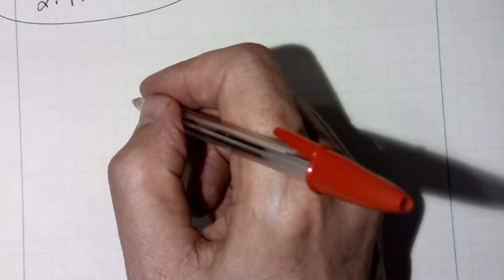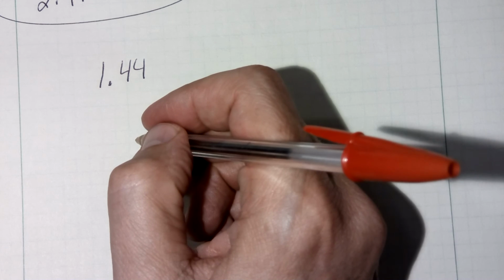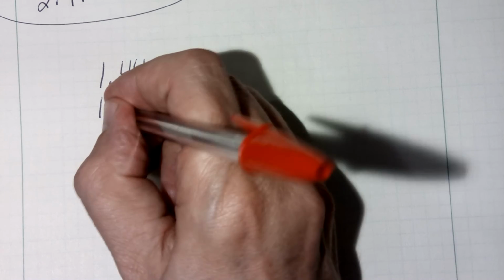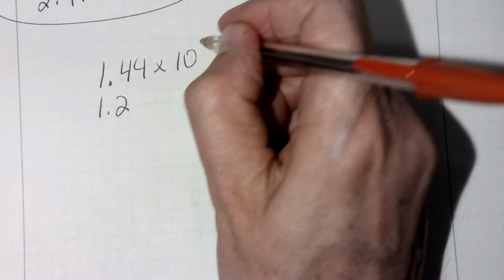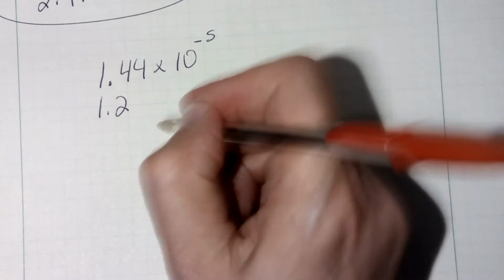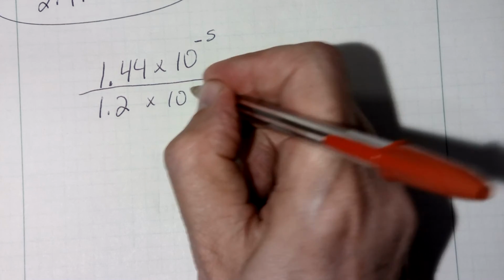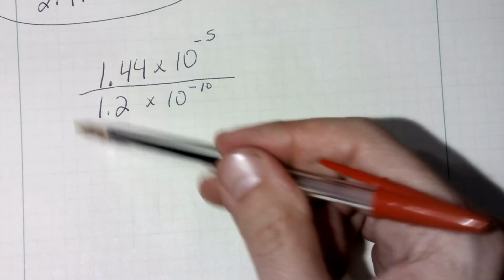Let's do one more. Let's do 1.44 times 10 to the negative fifth divided by 1.2 times 10 to the negative 10th. Again, I'm going to look at just those leading numbers and divide those.